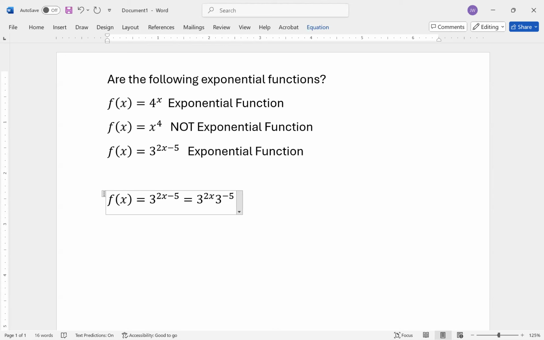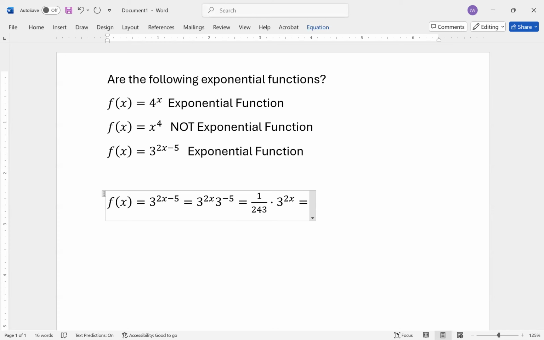I'll bring that 3 to the negative 5th power up front. That 3 to the negative 5th power is 1 over 243. So that's going to be 1 over 243 multiplied times 3 raised to the 2 times x power.